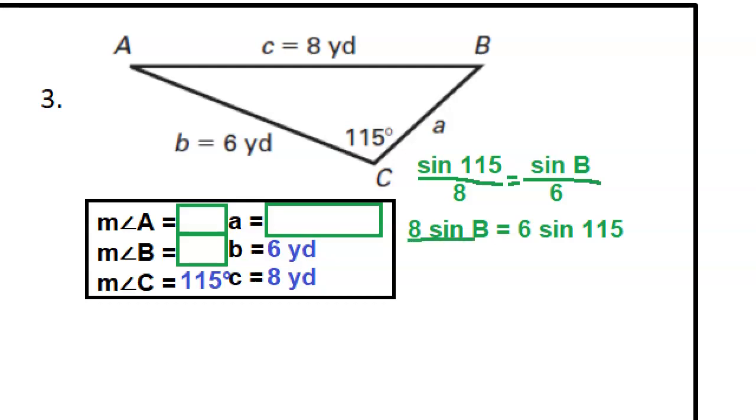Now this one is going to have one extra step toward the end, and hopefully you'll see why in just a second. So we're going to divide both sides by 8. And then we are going to get the calculator out.